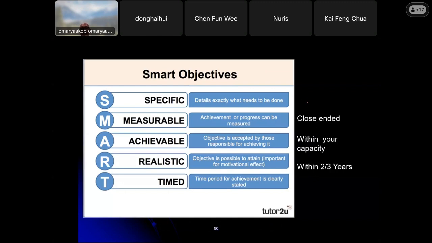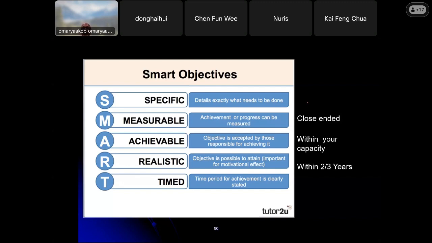All right, so it details exactly what needs to be done. It must be exactly specific. What are the keywords, and what needs to be done. Measurable: it must be measurable at the end of the study. It must be something that we can say, have you achieved it? What is the answer to that question?